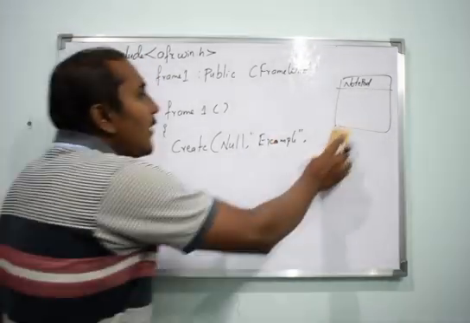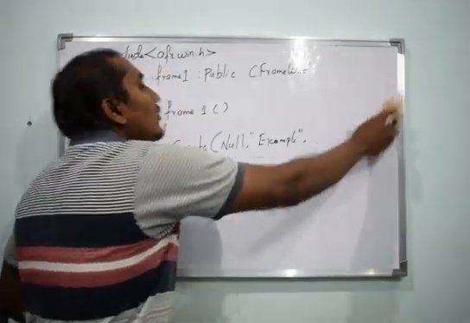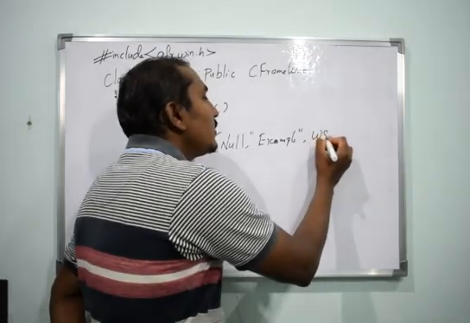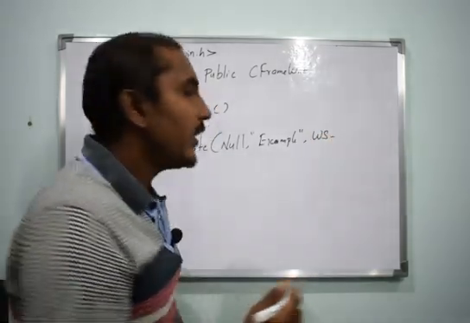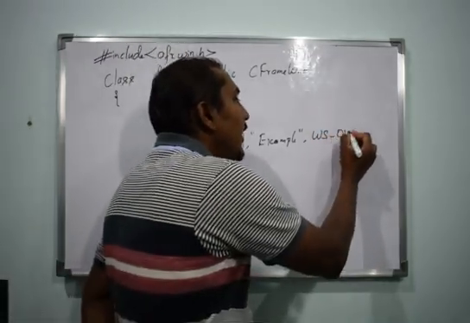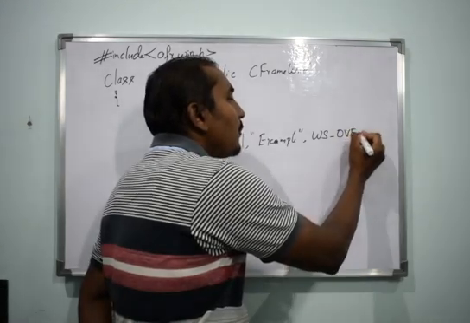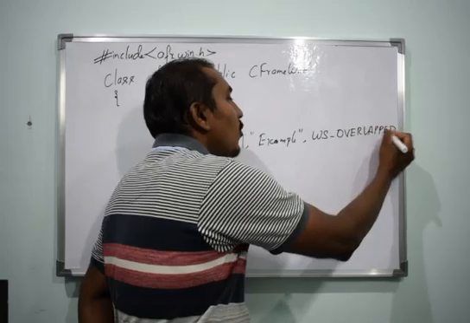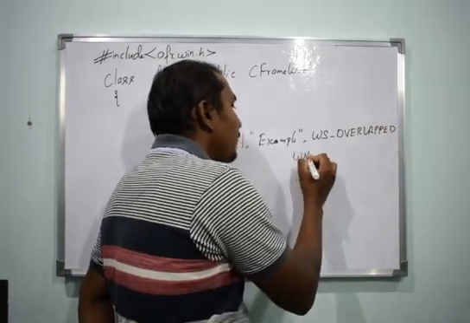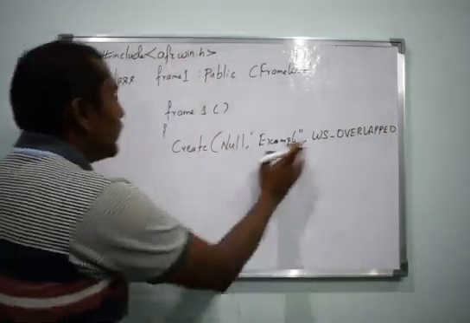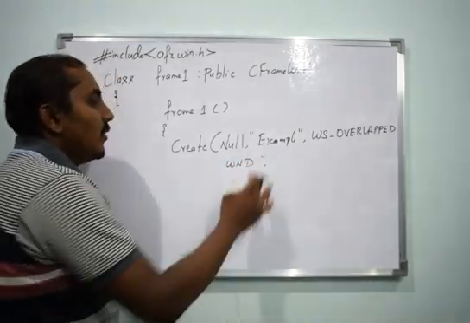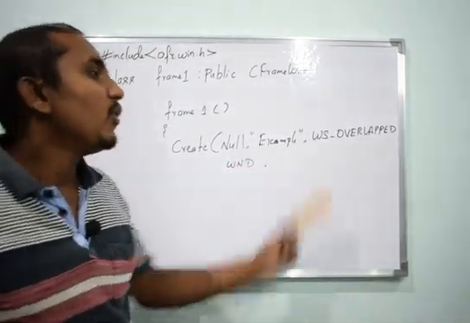After this, we have one more parameter, the third parameter, which will be represented as WS, which represents window state. What state will it be in? It will be in overlap window.